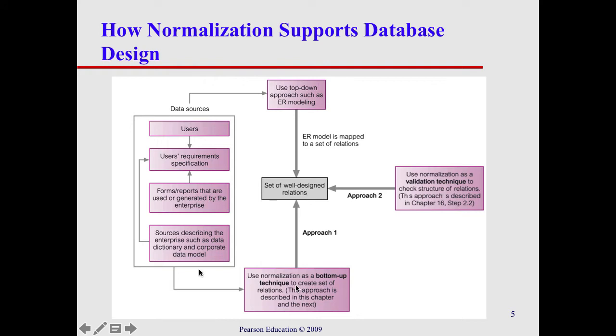And then the second approach, which they call approach 1, is to simply go from the bottom up using normalization. It's just as I said, most experts don't think that way. They start from the big picture. They see the forest and break it down into trees rather than seeing the trees and trying to move up to the forest.